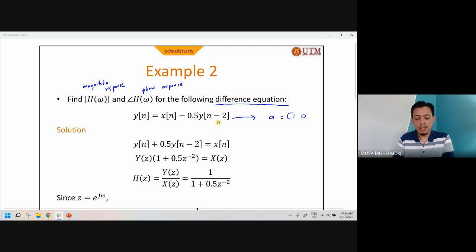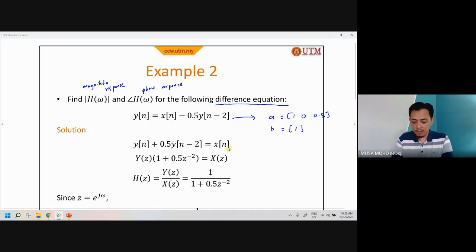And this is actually delay by 2. If you bring this to the left side of the equation, then this one becomes positive. Okay, that's your a. And your b is, because we have only one output sequence, so that's your b. So we always have two filter coefficients. So these are the coefficients.